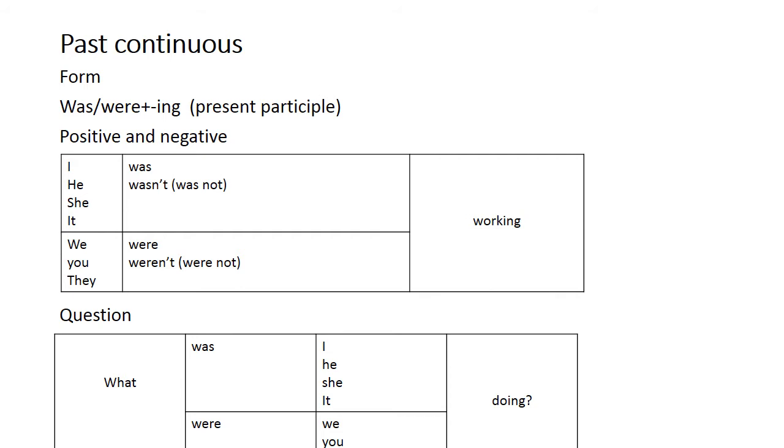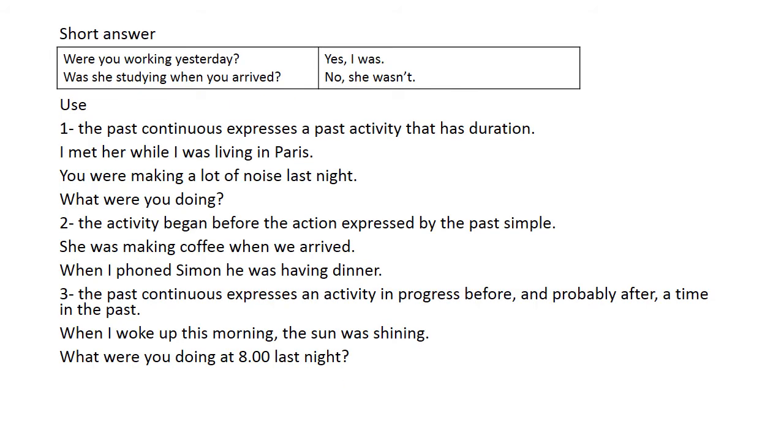Or what were we doing? For a short answer, the question will begin with were or was. Were you working yesterday? Yes, I was. Was she studying when you arrived? No, she wasn't.